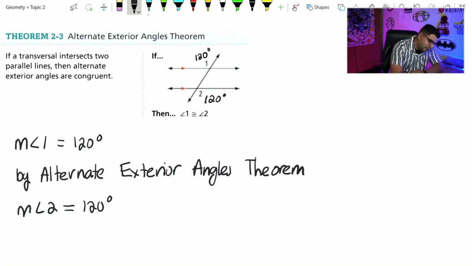Now, that would also be true for these alternate exterior angles here highlighted in blue. These two angles would equal each other as well. And if we wanted to get into it, these would actually be 60 degrees, but that's not important. The main idea is that these pairs of angles are congruent and equal to each other.